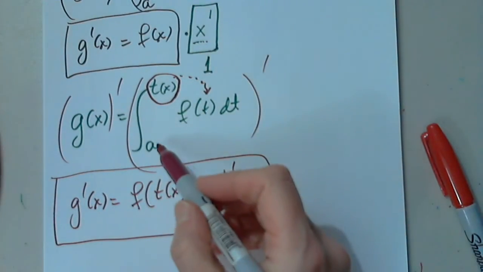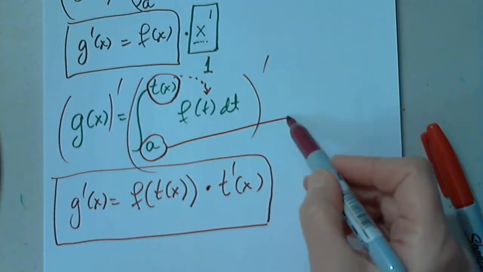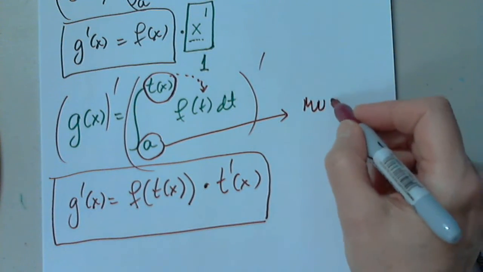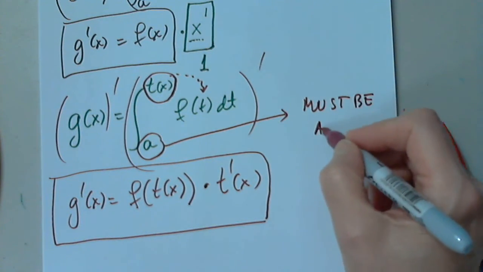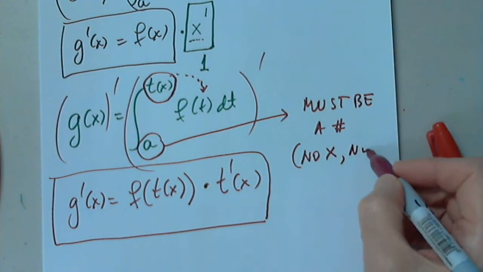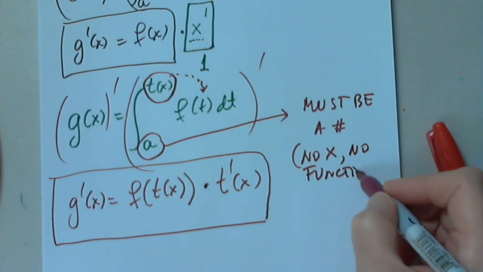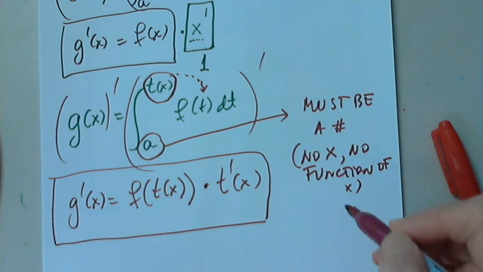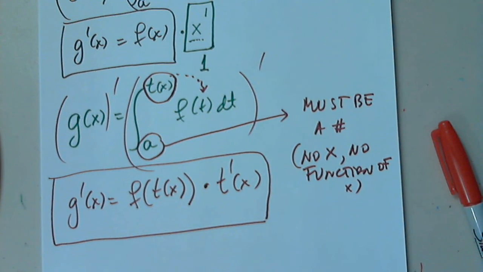The second caution is this must be a number. No x, no function of x. These are absolutely mandatory conditions.